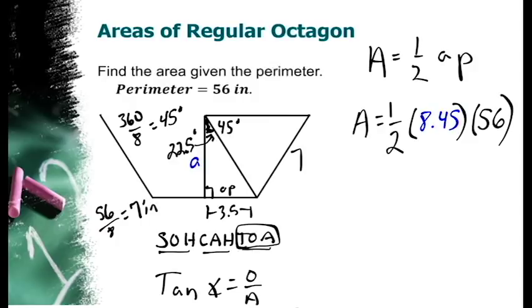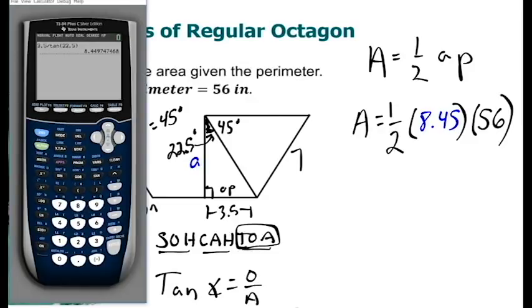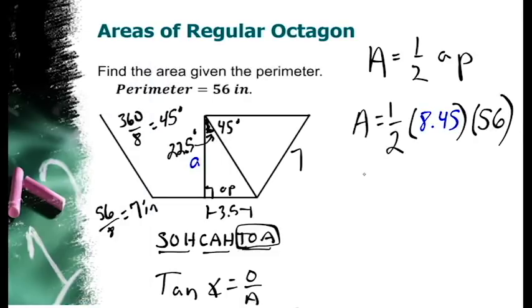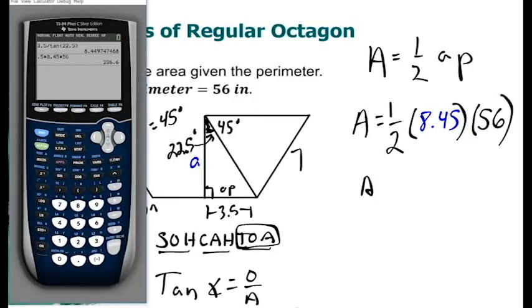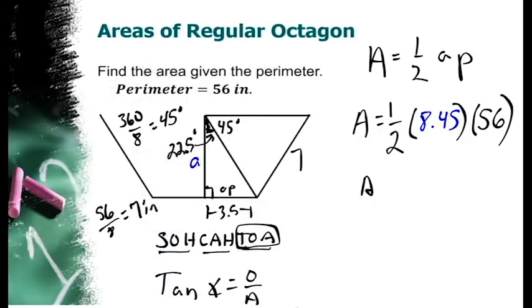We'll plug in that 8.45. We'll hop back to our calculator. We're going to go 1/2 times 8.45 times 56. And our area is 236.6, and that would be in square inches.